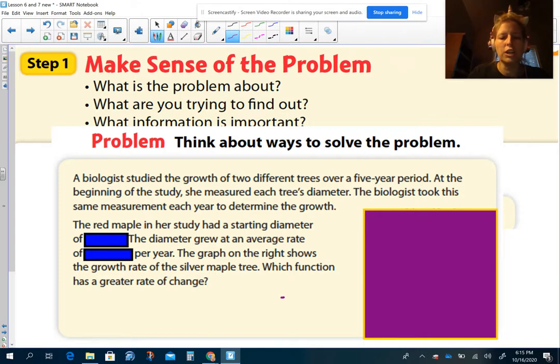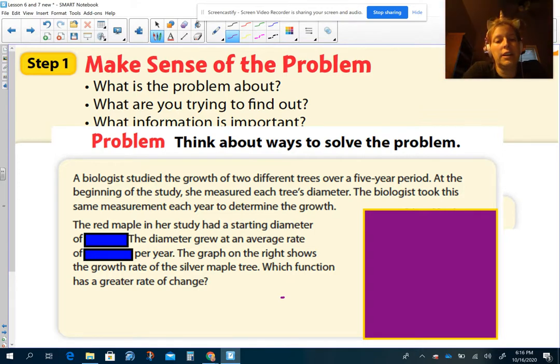Okay, so what I want you to do is write down in your book all the things that you can come up with that are very important for this problem. I'm going to read it one more time. A biologist studied the growth of two different trees over a 5-year period. At the beginning of the study, she measured each tree's diameter. The biologist took the same measurements each year to determine the growth.